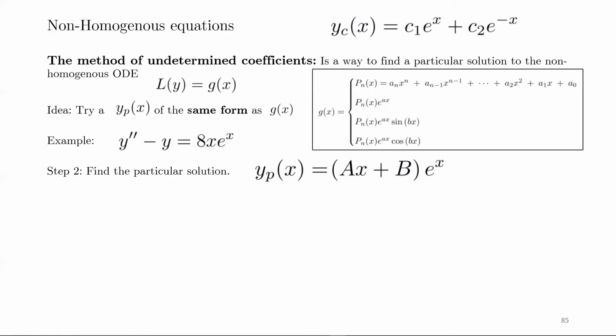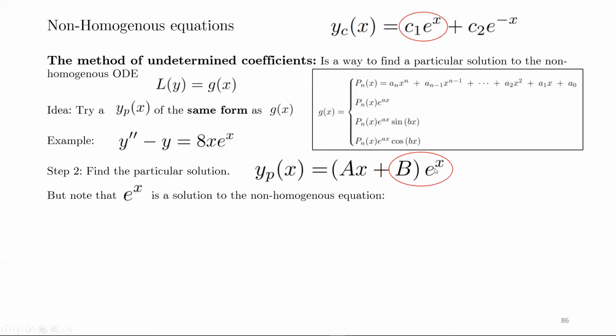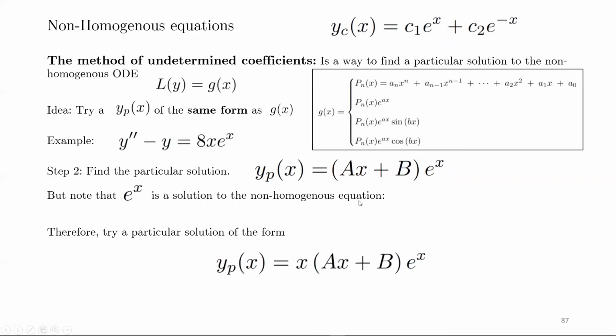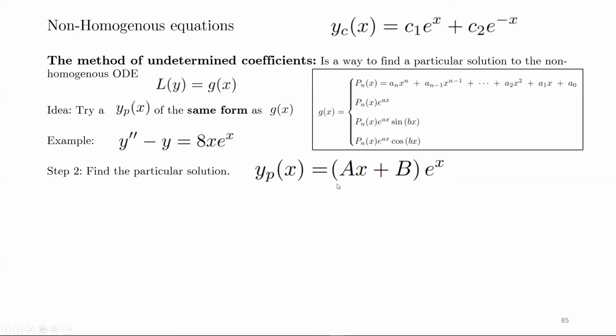Okay, but now there's another problem, because a times x times e to the x, okay, I've circled the wrong thing. Sorry. b times e to the x is a solution to the homogeneous equation, because the complementary function that we found before, yc, was equal to c1 e to the x plus c2 e to the negative x.